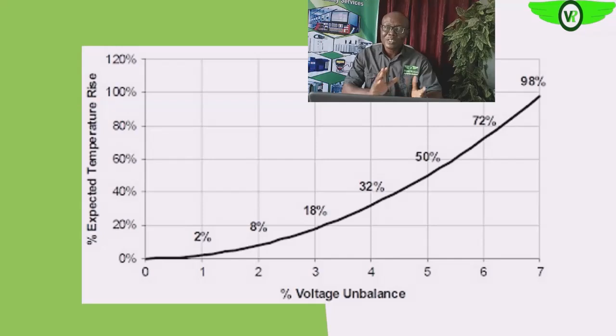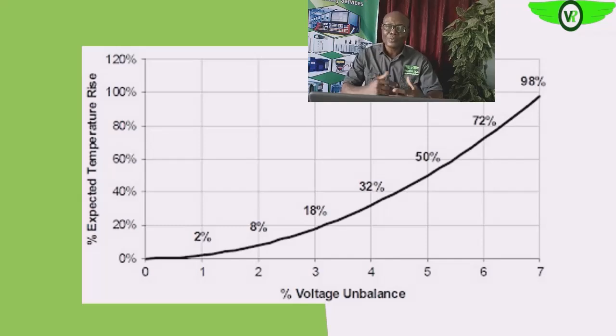Okay, so just imagine you have an unbalance of say 4 volts. If you have an unbalance of 4 and one is causing an increase in the amount of current of 10%, that is automatically a 40% increase of the amount of current that is flowing through the windings.